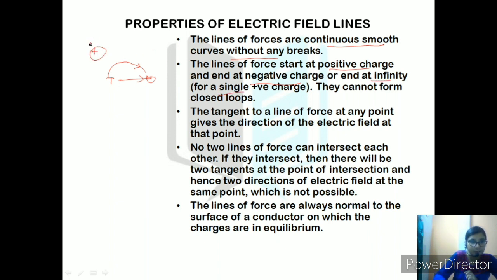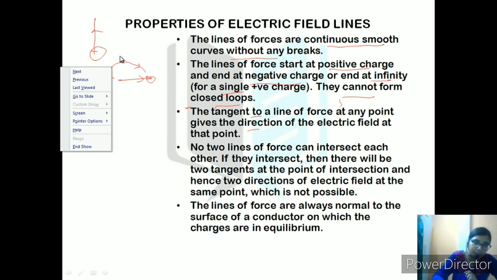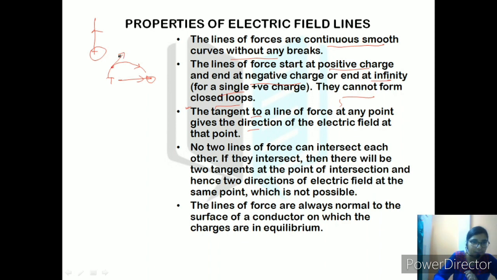For a single positive charge it will start from it and it will end in infinity. They cannot form closed loops. Now third property, this we discussed in the definition only. If this is the curve, at this point, what is the direction of electric field intensity? Its direction will be given by the tangent drawn at this point.